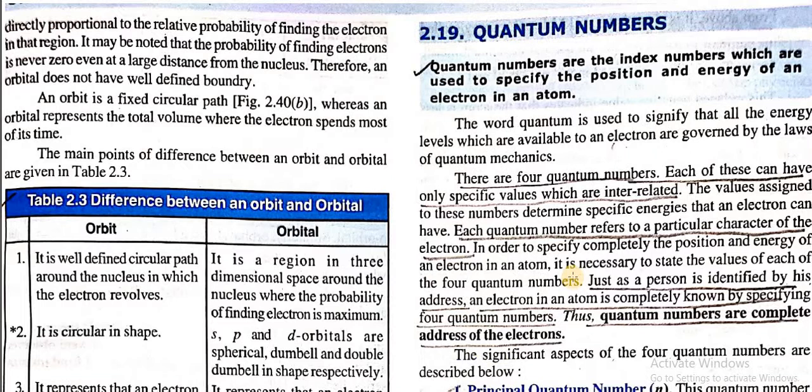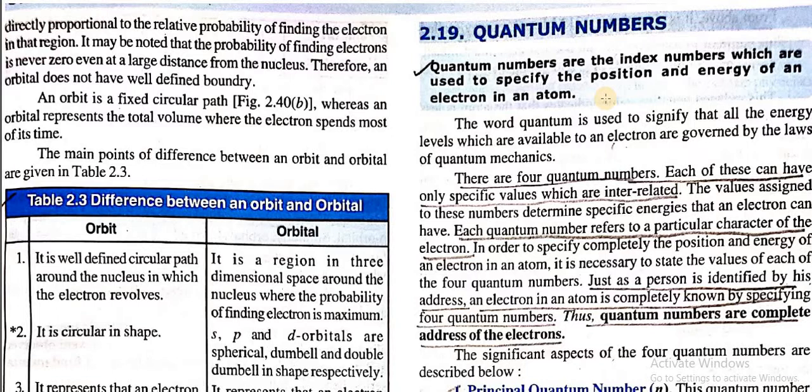Now we will come across a very important topic, that is quantum numbers. Quantum numbers are index numbers which are used to specify the position and energy of an electron in an atom.